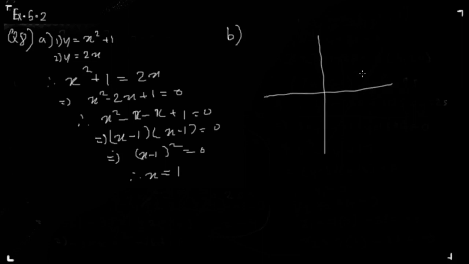So if we just did that, wow, okay, we just did that. This would be 1, this would be 2, this would be 1, 2, 1. And this is the origin. So this is going to be y is equal to 2x.